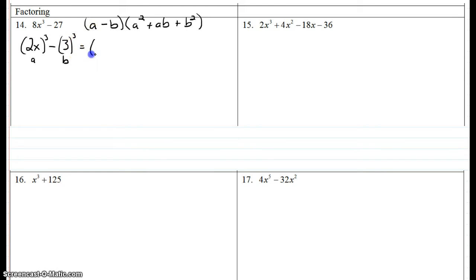And so this is going to become a is 2x, b is 3, so 2x minus 3. And for the video I'm going to show you guys, I'm just going to do step by step. So a is 2x, so this is going to be 2x squared plus ab, and so a is 2x, b is 3, and then plus b squared.